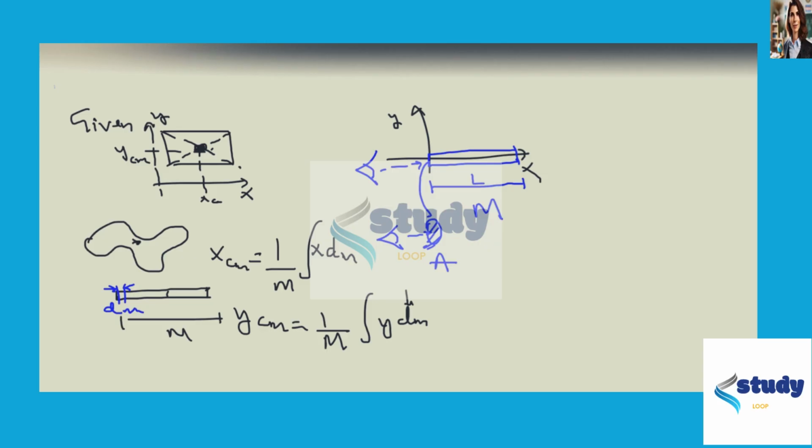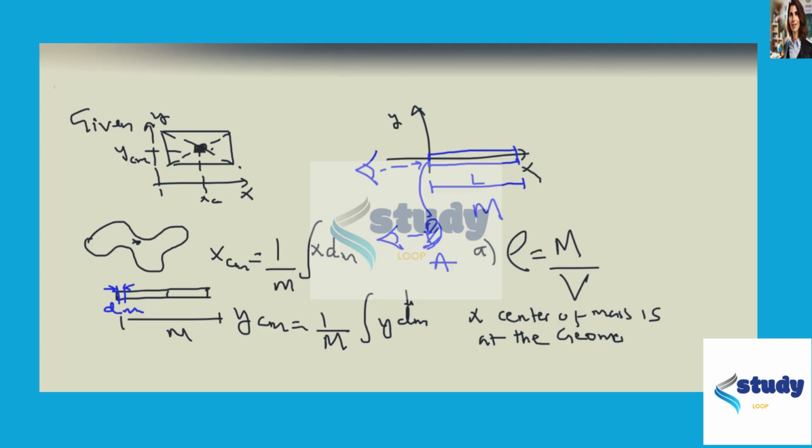This is part A. If the density rho is given by the total mass over the total volume of the uniform object, we want to show that the x center of mass is at the geometric center.